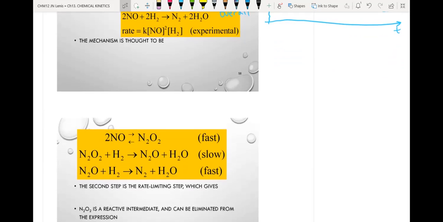I'm going to do it again here. I need more room. Why do I need more room? To draw the potential energy diagram. Guess why?